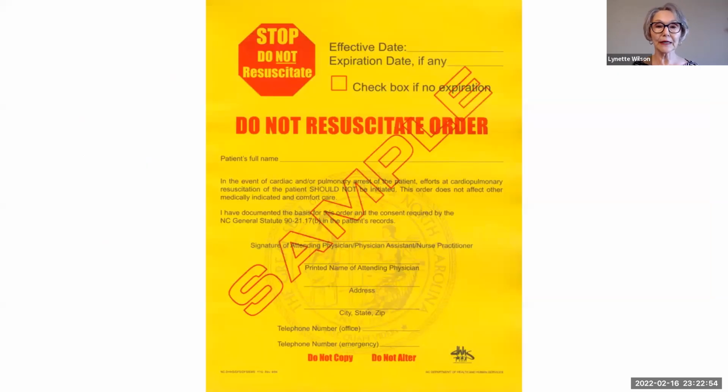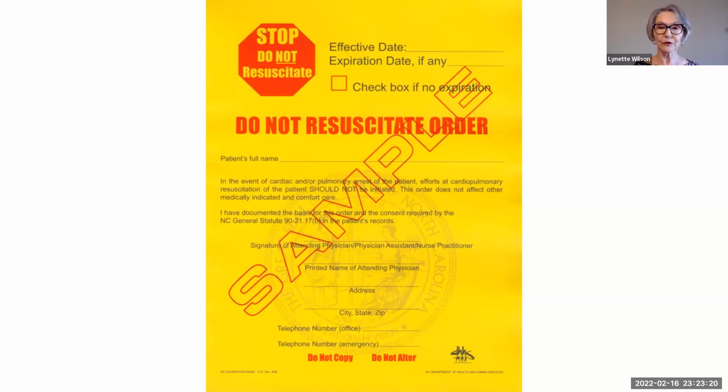Okay, this is what a do not resuscitate order looks like. And as nearly as I can tell, they're pretty much the same in every state. This is the actual North Carolina form. It's on this bright orangey yellow paper and is only valid if it is on the correct color paper and has the correct original signatures on it.